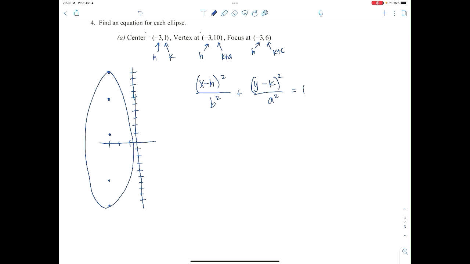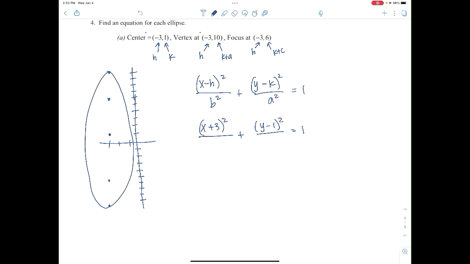So let's fill in what we know. We know our h and our k so far. So we have x plus 3 squared and y minus 1 squared.